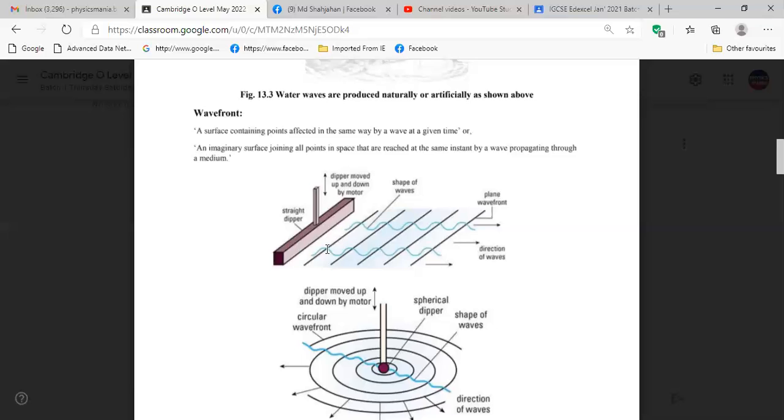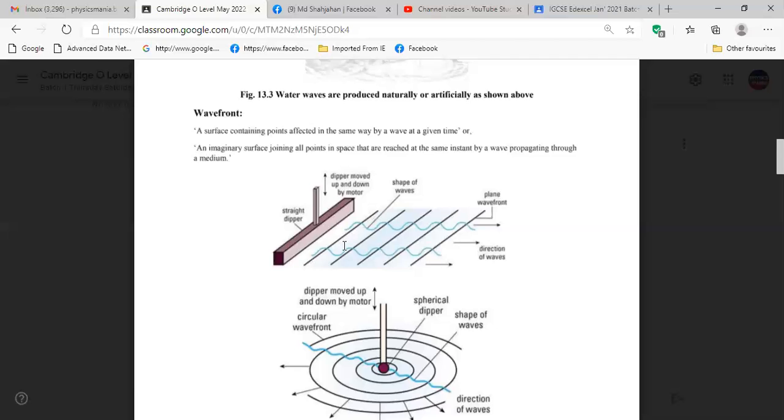Like you see here, the wave is shown going up, which means all these particles together are moving up. And in this place all the molecules are moving down together.